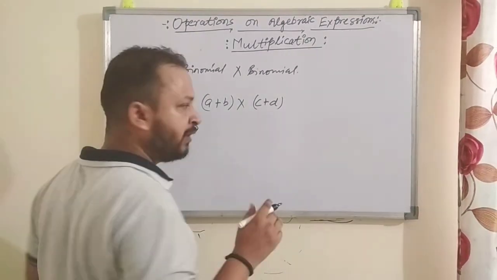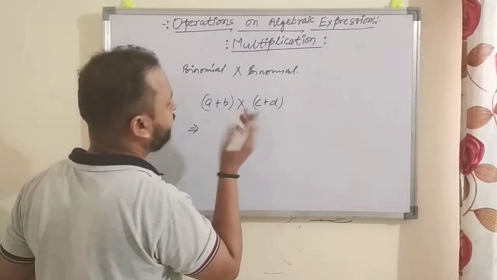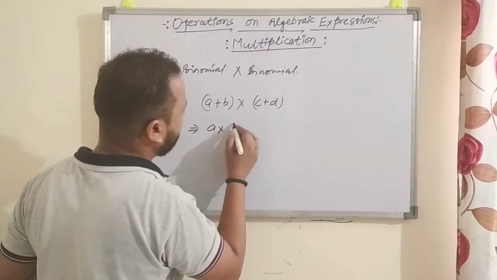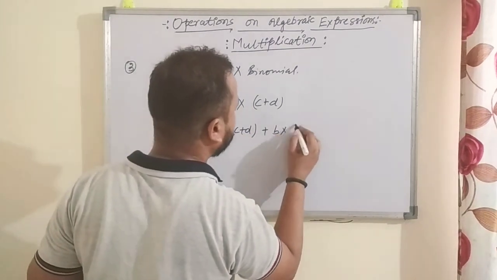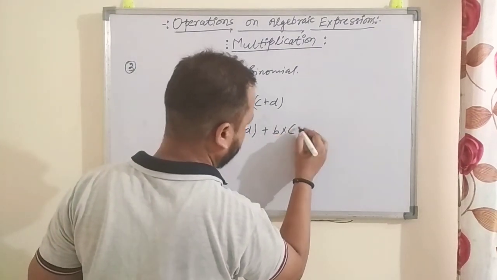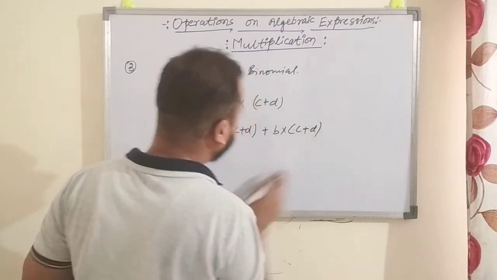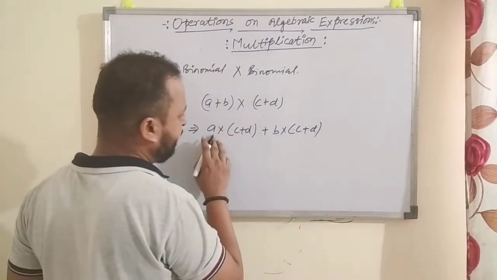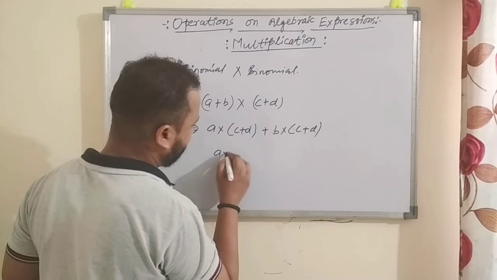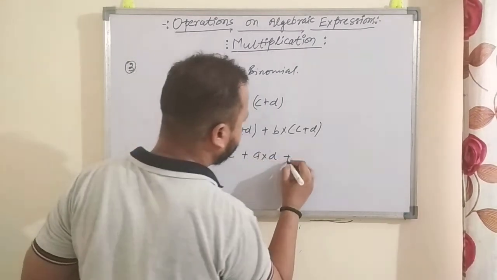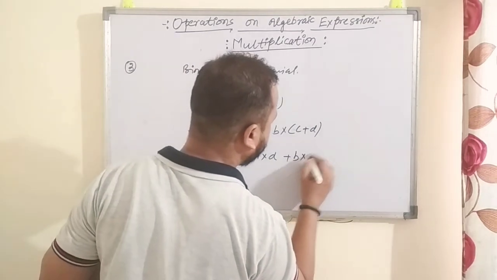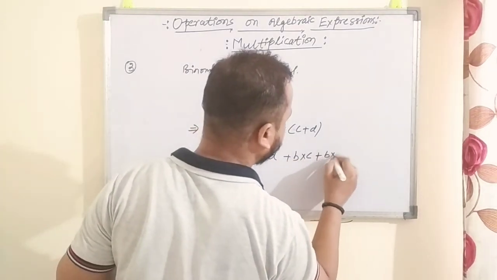You have to apply the distributive law twice. So a is first multiplied with c plus d, then b is multiplied with c plus d, right? Then a multiplied with c plus a multiplied with d plus b multiplied with c plus b multiplied with d.